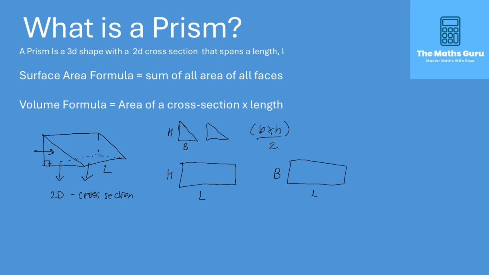And then we have our slanted rectangle, which is going to be length times our, let's call this C, from Pythagoras. And what we would do is work out the areas of all of these individual shapes, add them together, because remember, surface area is all of the area on the exterior of our 3D shape.